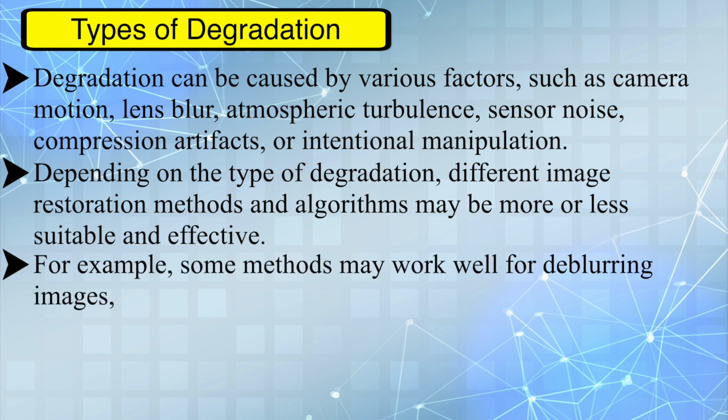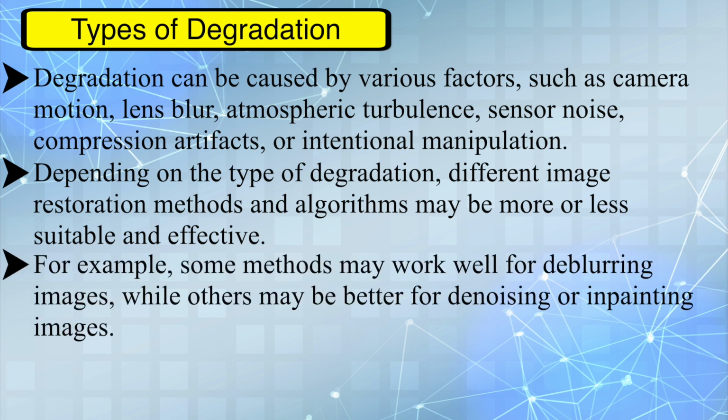For example, some methods may work well for deblurring images, while others may be better for denoising, or some other restoration method may be better for image inpainting. What is inpainting? I will explain later.